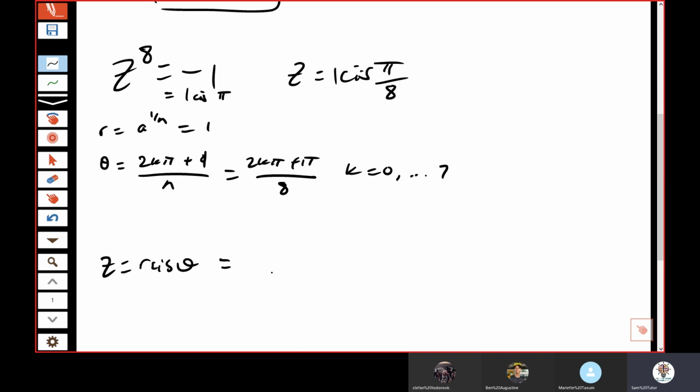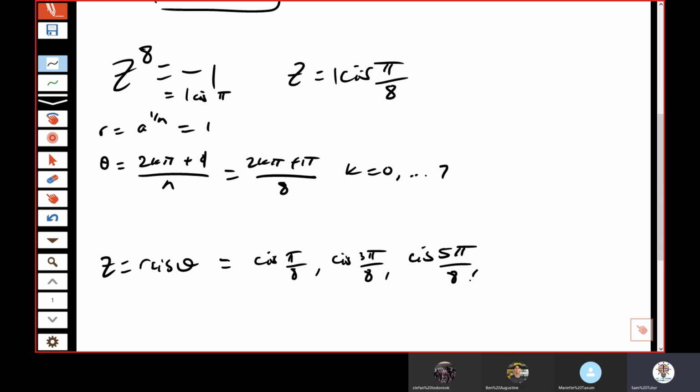So the first one you would get is obviously 1, so we're going to ignore the 1. Cis pi on 8, right there, as we know. Next one you'll get is 2 pi plus pi, which is cis 3 pi on 8. Then 4 pi plus pi is cis, and I think you guys can probably see the answers by now.